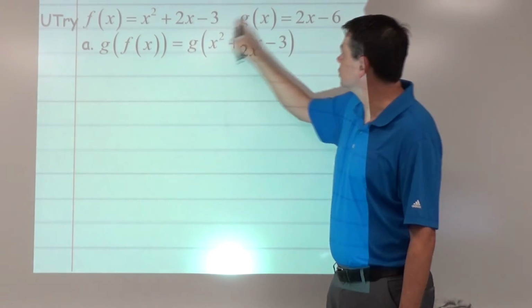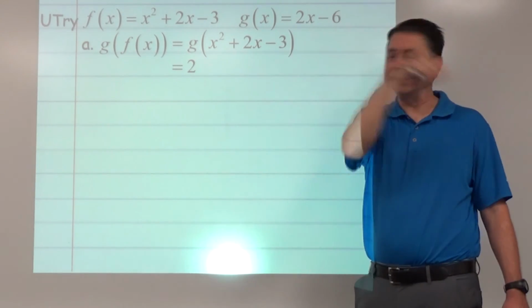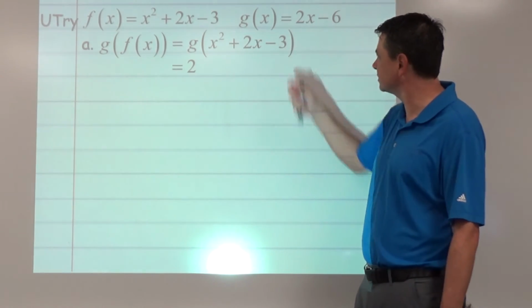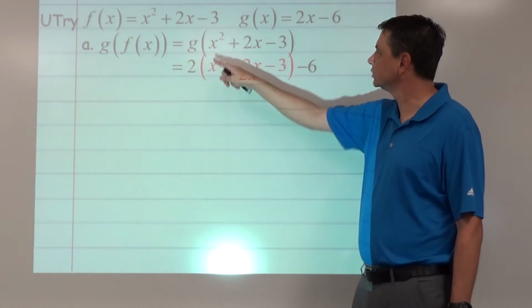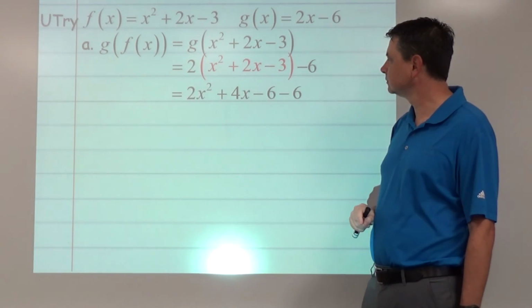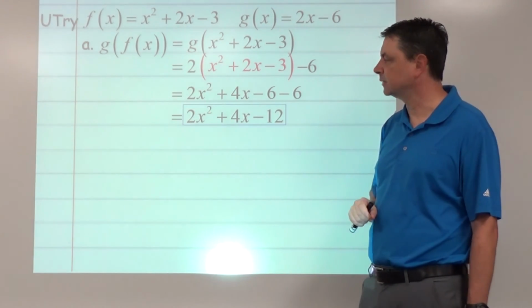That gets plugged into g, so it starts with a 2. Then we got x, throw away the x, replace it with this, minus 6. Distribute to all, combine like terms, answer.